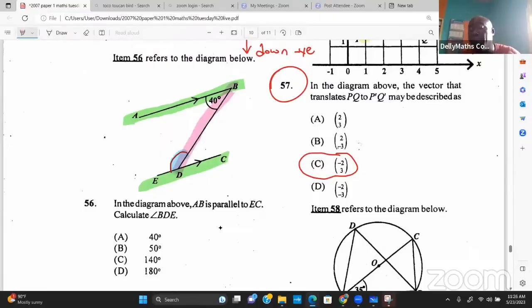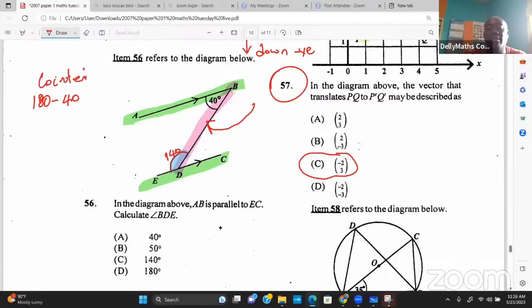If I'm inside the parallel lines and on the same side of the transversal, I'm to the left of that line, I could use co-interior angles to link to the 40. This will be 140 because co-interior angles add to give 180. So the co-interior angle that links to that 40 would be 140 degrees. This would be the answer.